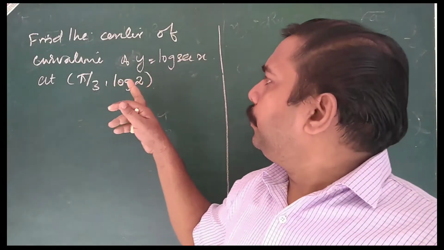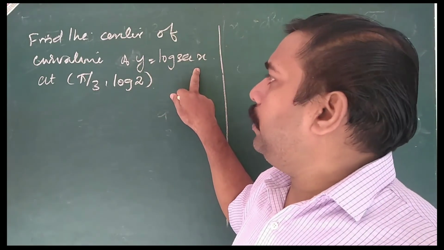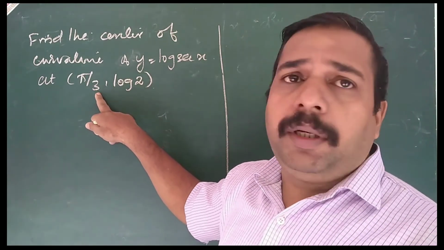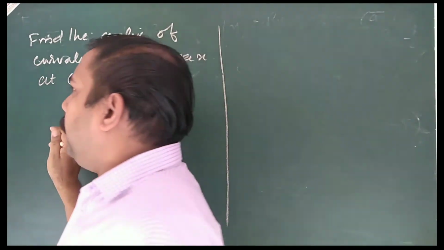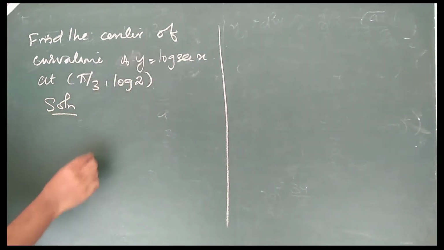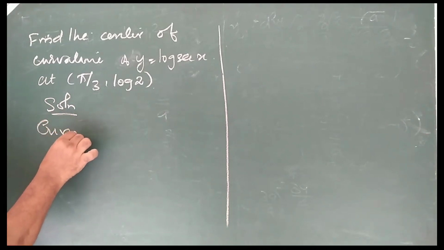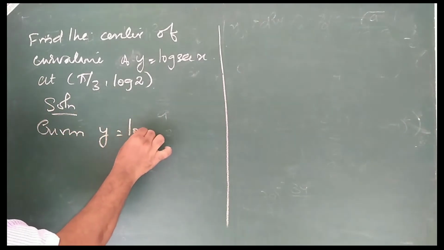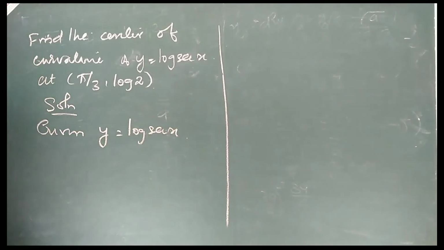Next, y equal to log sec x at the point pi by 3 comma log 2. Given y equal to log sec x. So first you find the first derivative and the second derivative.